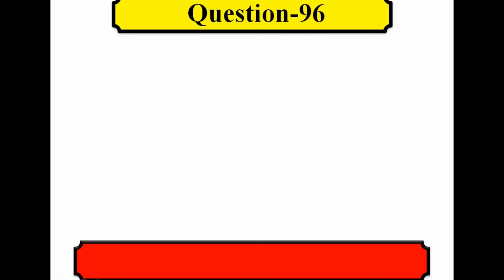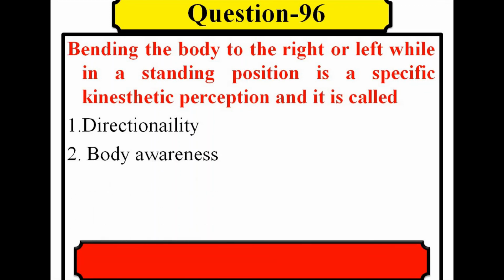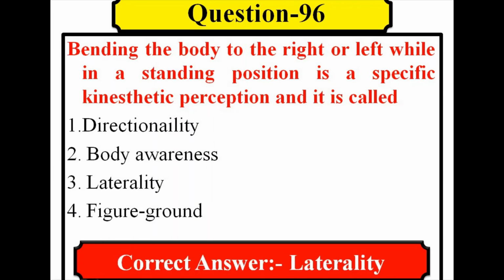Question 96. Bending the body to the right or left while in a standing position is a specific kinesthetic perception, and it is called 1. Directionality, 2. Body awareness, 3. Laterality, 4. Figure ground. Correct answer: laterality.